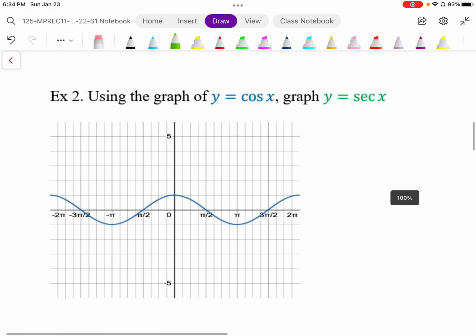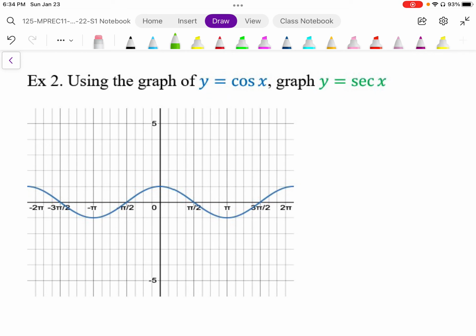We can do the same thing for cosine. The reciprocal is going to be secant. Again, the most important part that we're looking for are the zeros. So we're going to locate the zeros. I've got zeros here, here, here, and here. Then drawing in the asymptotes, there are vertical asymptotes that go through those zeros.